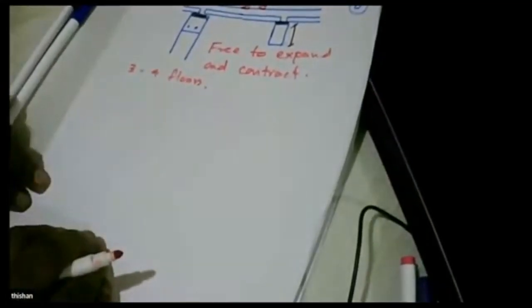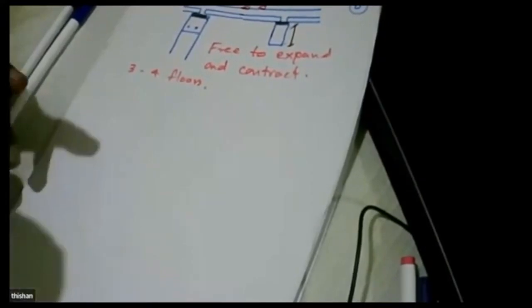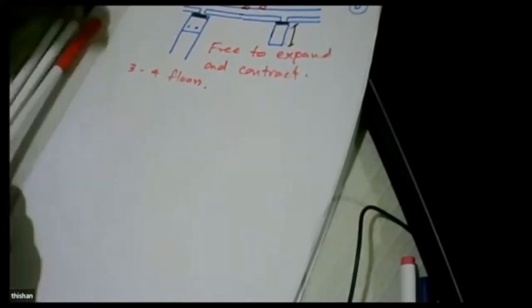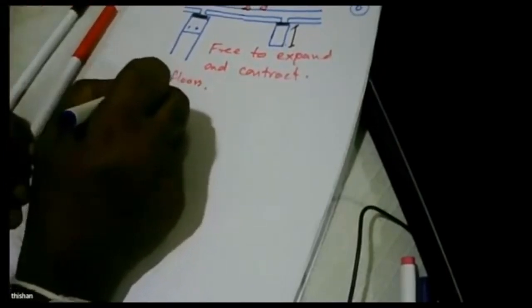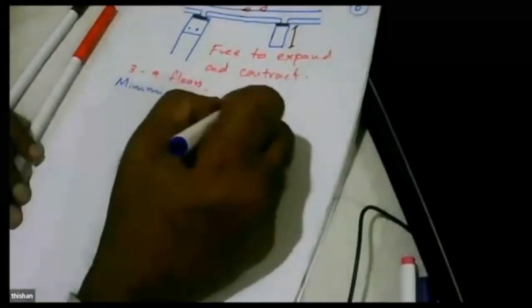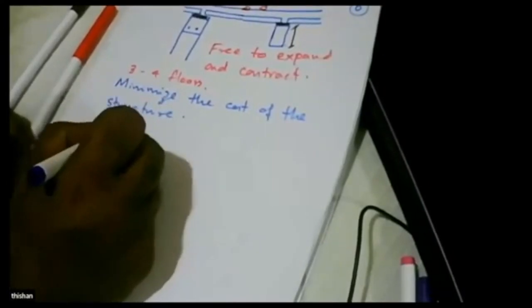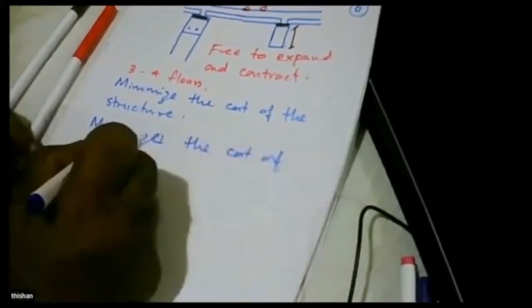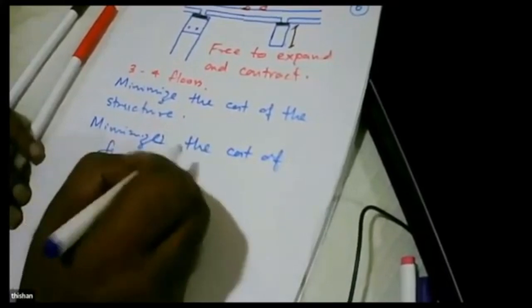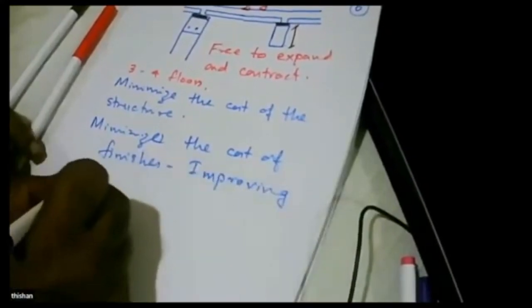So these are the various aspects that we have to consider when doing this type of construction, where our aim is to minimize the cost of the structure, minimize the cost of finishes, by improving the quality of block work, improving the quality of masonry.